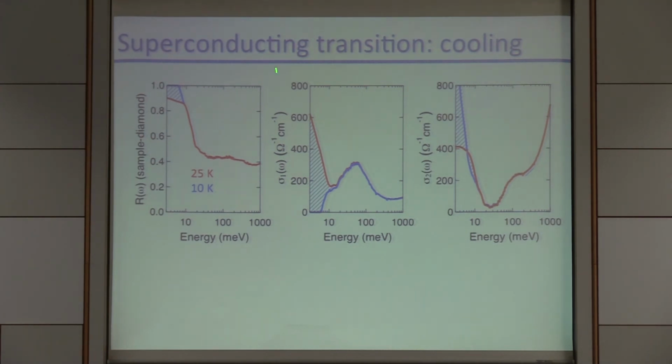And then there's a delta function at 0 frequency that I'm not measuring, but I am signaling it because the inductive conductivity diverges like 1/omega toward low frequencies, which tells me that in sigma 1 I have a delta function. So this is what happens if I take the superconductor and cool it at equilibrium below TC.